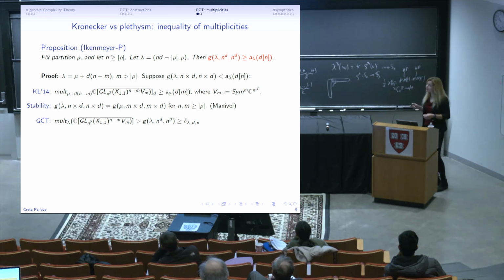The Kronecker coefficient is also bigger than the multiplicity in the coordinate ring of the orbit closure of the determinant.